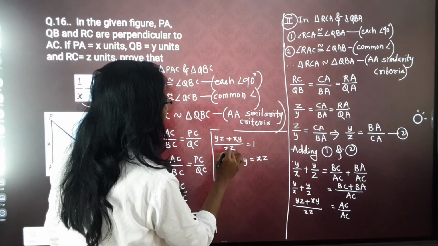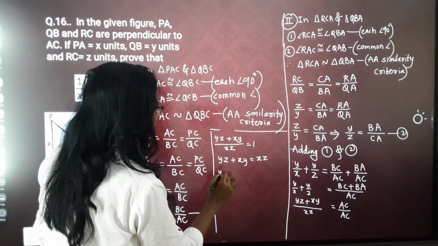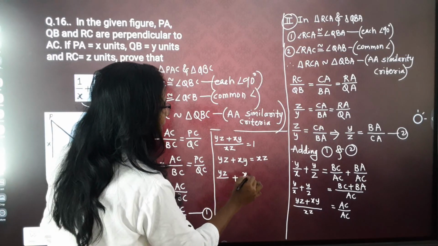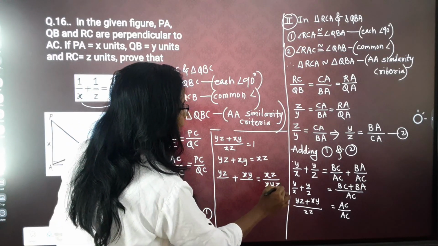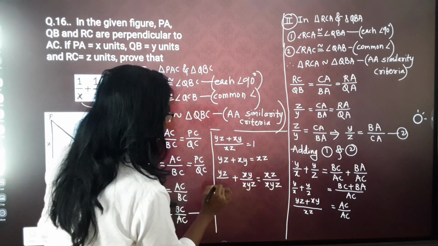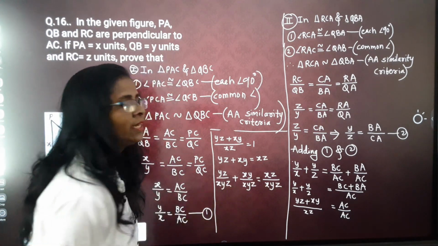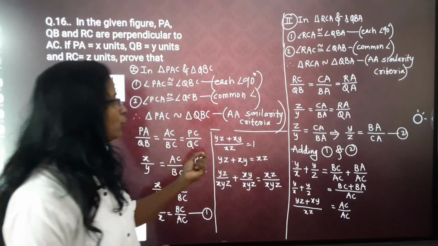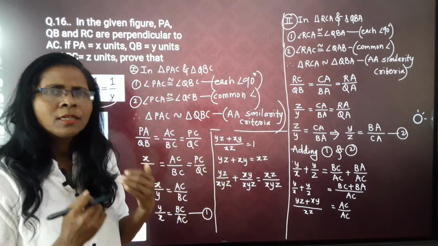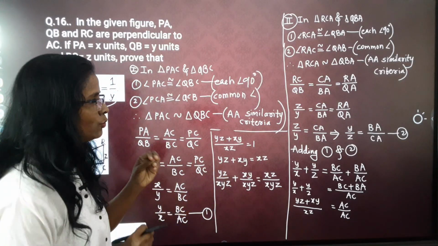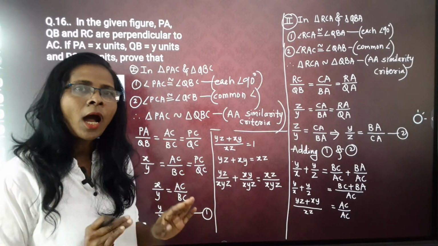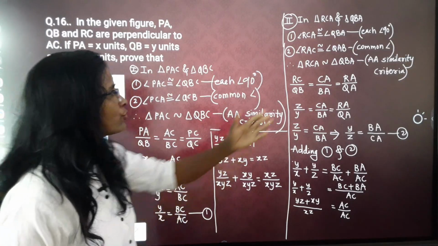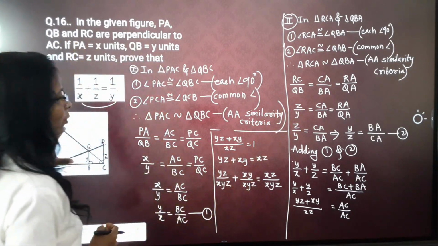Cross multiply this one. And then dividing both the sides by XYZ. Very easy process, very easy method, and you can solve it very efficiently.